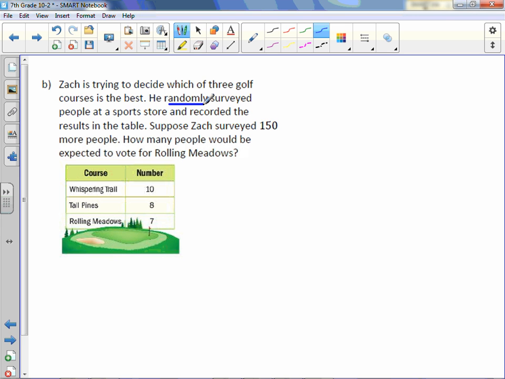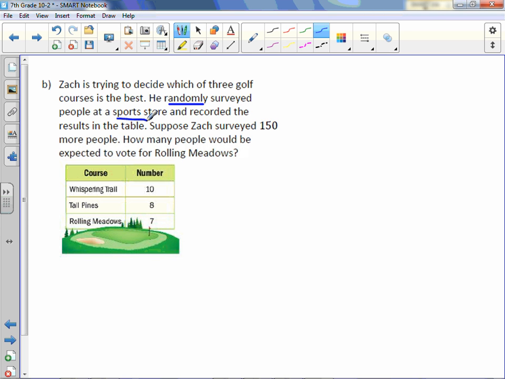Okay, so he's asking people in a sports store, which is okay. He wants to know specifically which golf course is the best. So he's not asking just golf players, but he's asking anybody in the sports store. Okay, and he's also not asking people at a specific place. So if he were to ask people at Whispering Trail what course they liked best, of course they're going to say Whispering Trail.